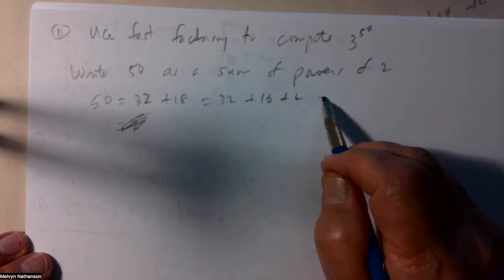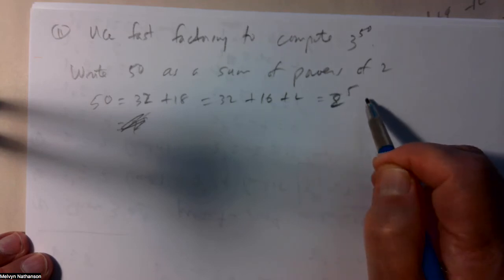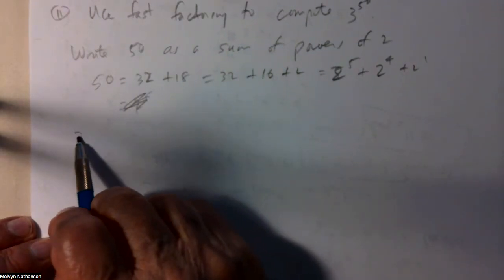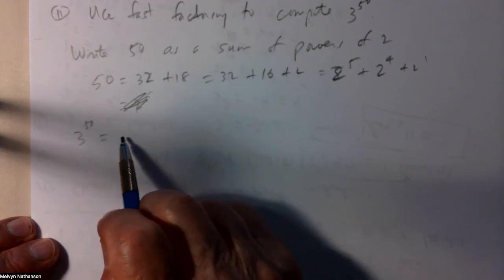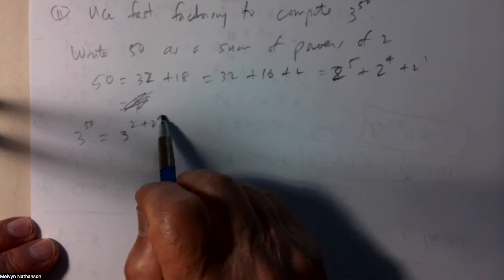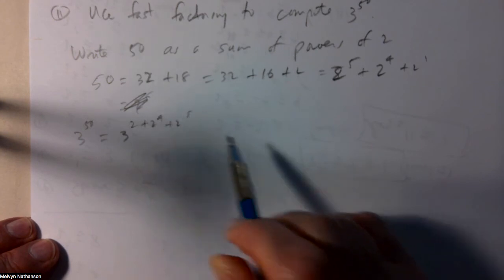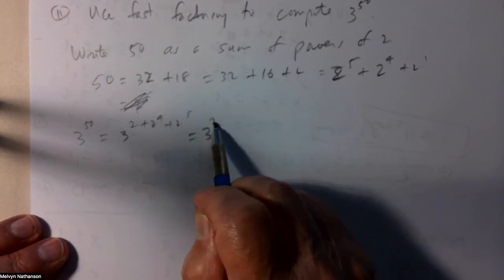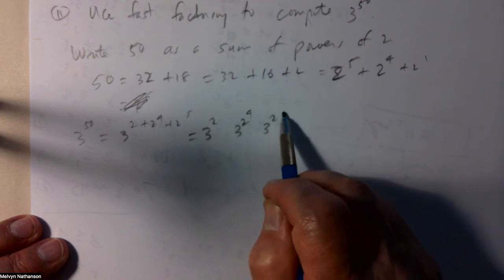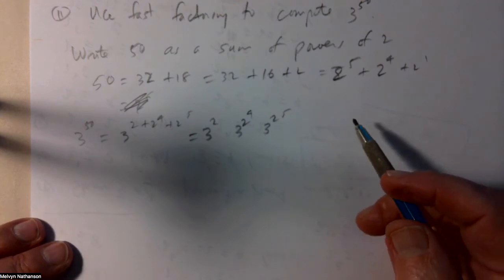So 50 is 2 to the 5th plus 2 to the 4th plus 2 to the 1st power. So 3 to the 50th will be 3 to the 2 plus 2 to the 4th plus 2 to the 5th. That's 3 to the 2, 3 to the 2 to the 4th, 3 to the 2 to the 5th.